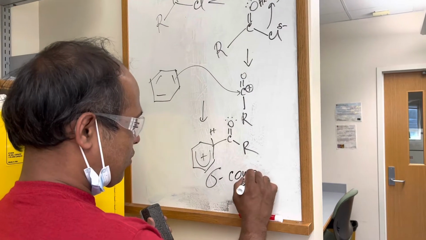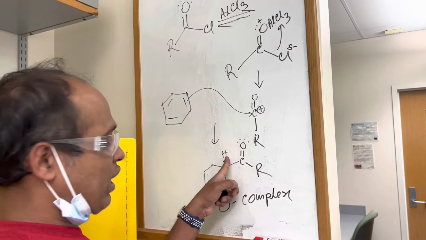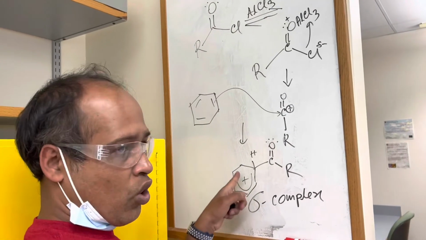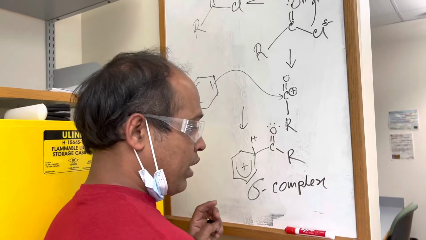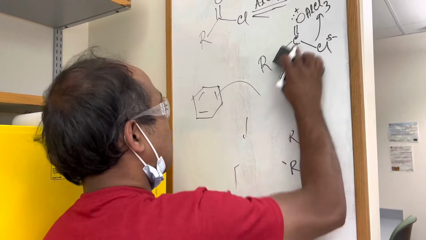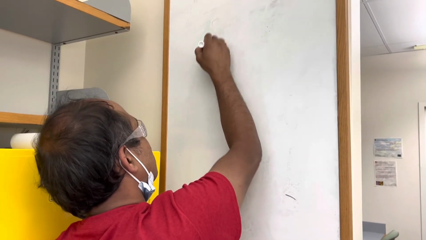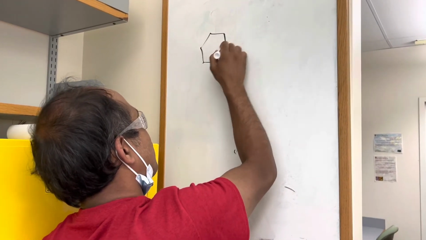Okay, so once this sigma complex is formed, again here one hydrogen is there and the ring is short of electrons. So what it can do, let's draw from here.